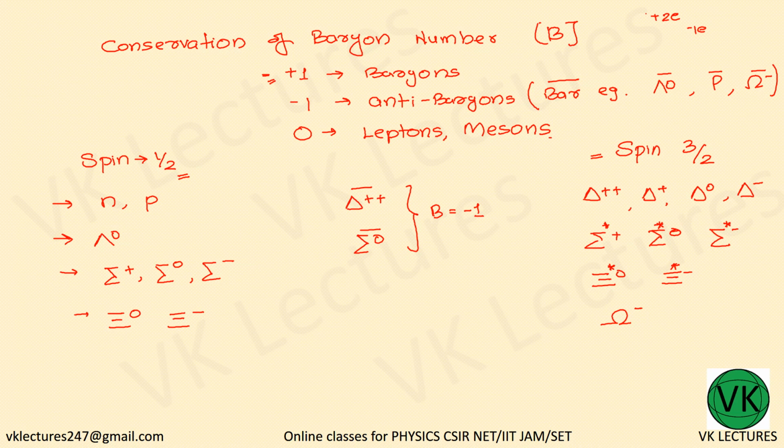Apart from whatever we have in these two groups, all other particles represented by the baryons with a bar, you will have minus 1 as the baryon number, and for others, leptons and mesons, the baryon number is 0.